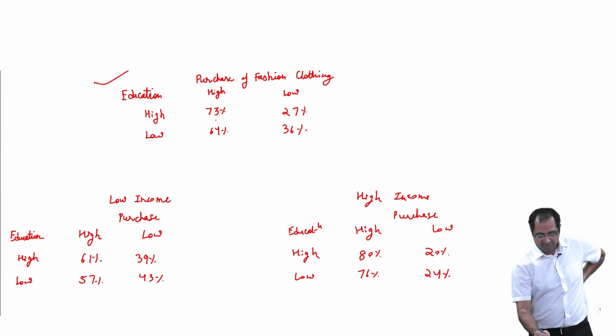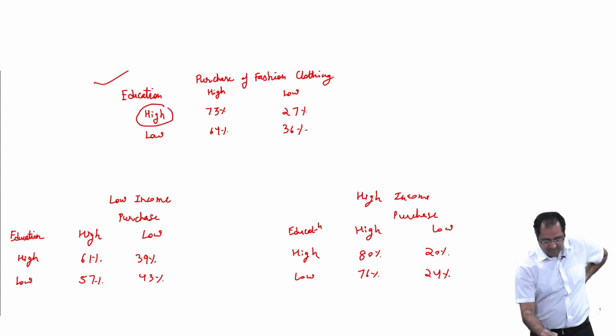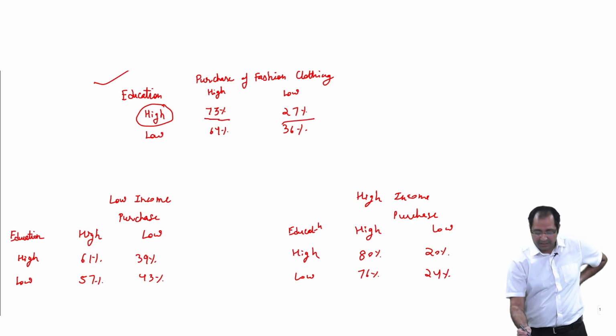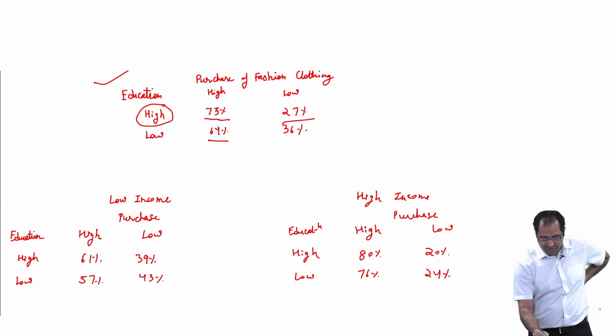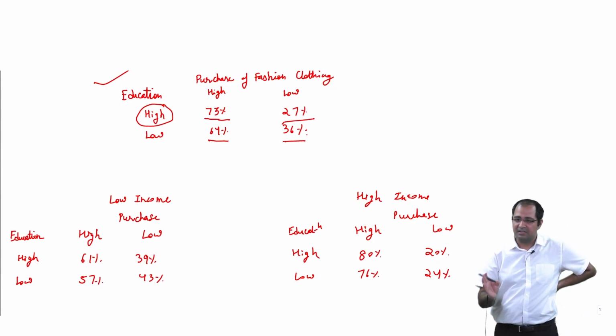If you see for the high education, the difference between purchasing high fashion clothing and low fashion clothing is quite high, whereas in the case of low education, the difference is lesser than that.